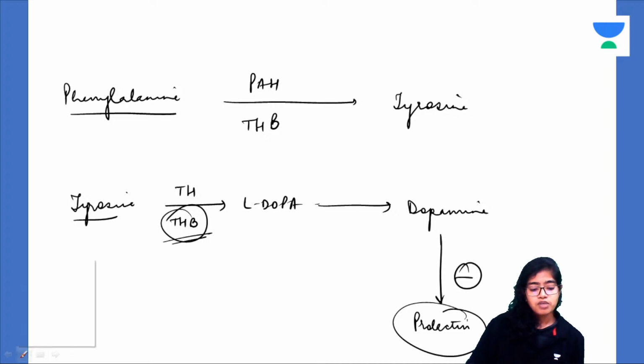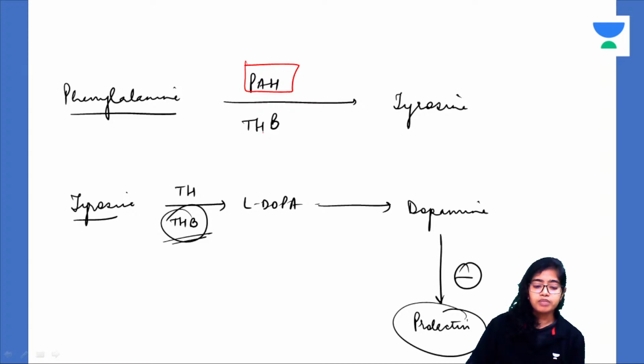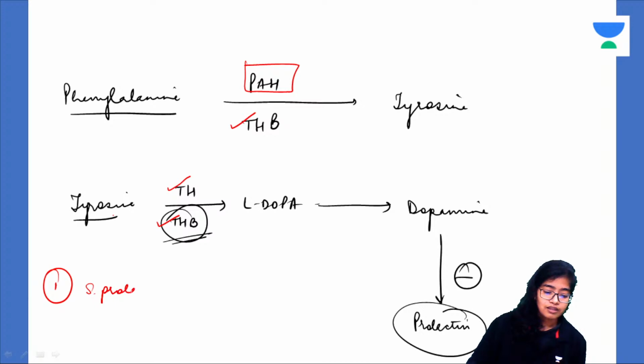Phenylalanine hydroxylase was deficient, but tetrahydrobiopterin is present. Given tyrosine, this enzyme is functional and this cofactor is present, so it will form dopamine. Dopamine will inhibit prolactin. Here prolactin will be low. So when serum prolactin is low, the diagnosis is what? Phenylalanine hydroxylase deficiency.